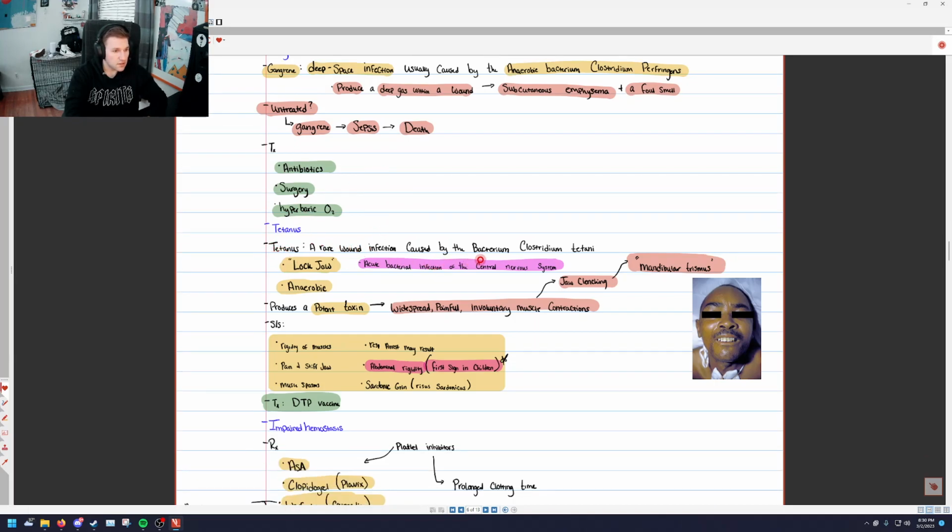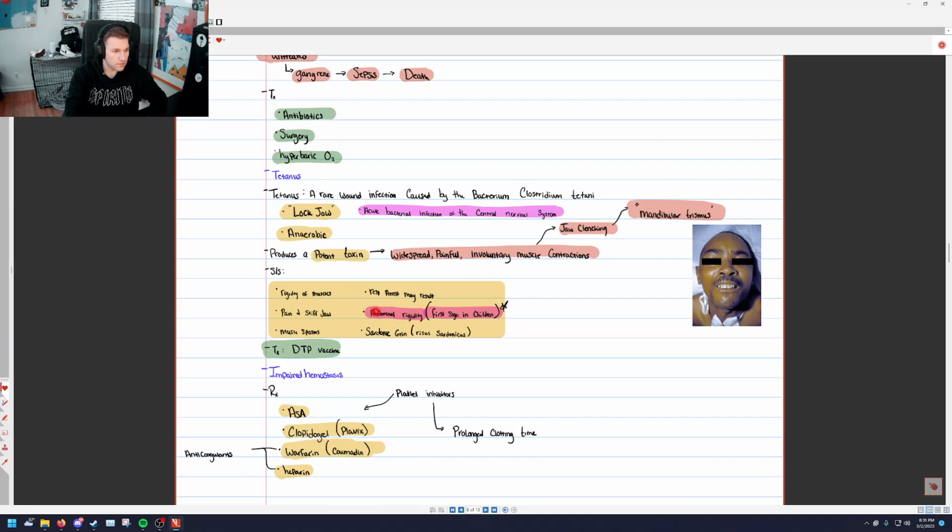Tetanus is going to be caused by the bacterium Clostridium tetani. It's going to be referred to as lockjaw. It's just going to be a bacterial infection of your central nervous system. The assessment finding here of actual lockjaw is going to be called mandibular trismus, jaw clenching.